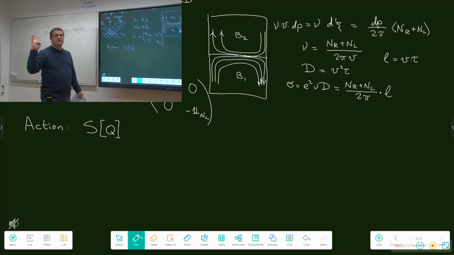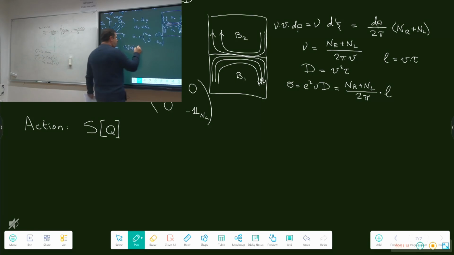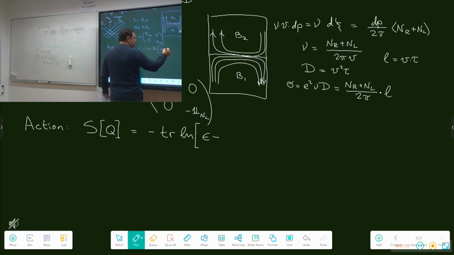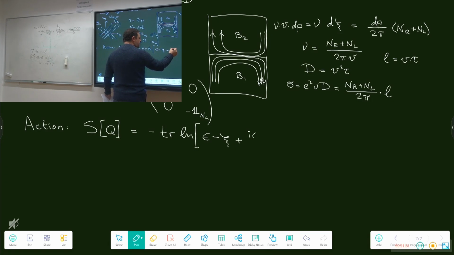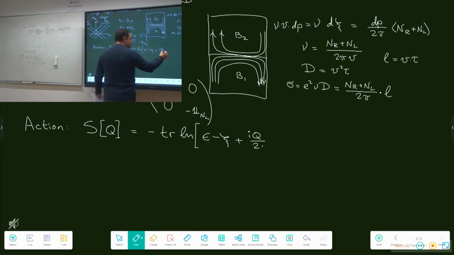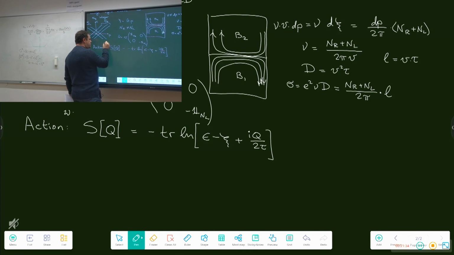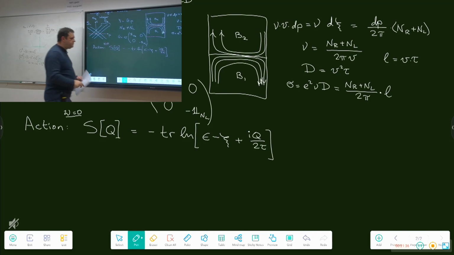It was step like 6, I believe. And it says the following: minus trace of logarithm of this operator, epsilon minus xi plus I q over 2 tau. I put omega equals 0 for simplicity.